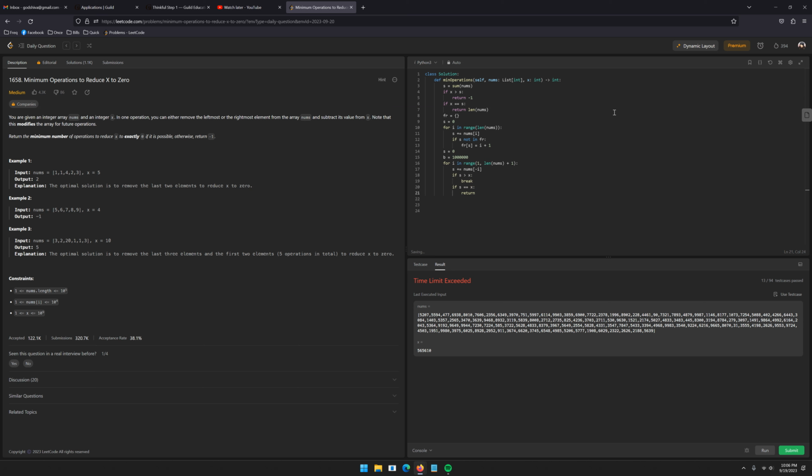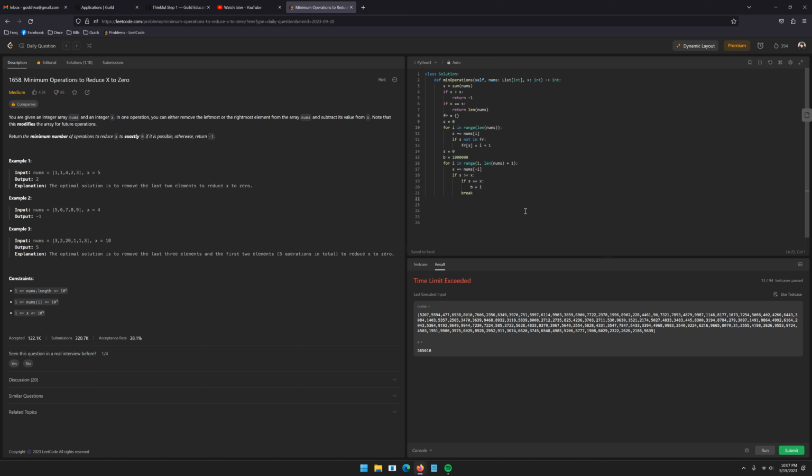So if s equals x, then b equals i, and break, because it's not going to get smaller after that.